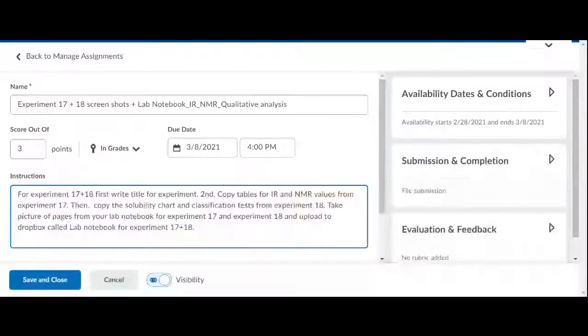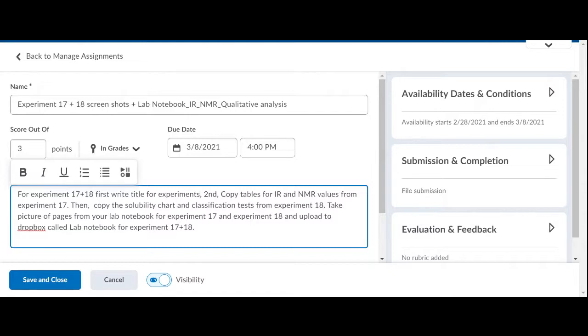Okay, it says for experiments 17 and 18, the title of the experiments should be listed. If you're doing one or two separately, it doesn't matter. You can do 17 plus 18, or you could do 17 and then 18.